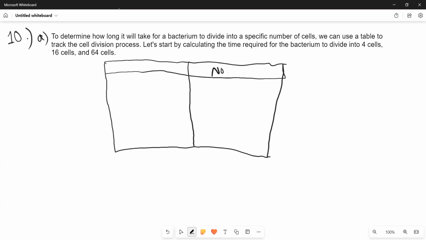Let us give it as number of cells and let us give it as time in minutes. 0 minute, 5 minutes, 10 minutes, 15 minutes, 20 minutes, 25 minutes, and the last one, 30 minutes. Correct?